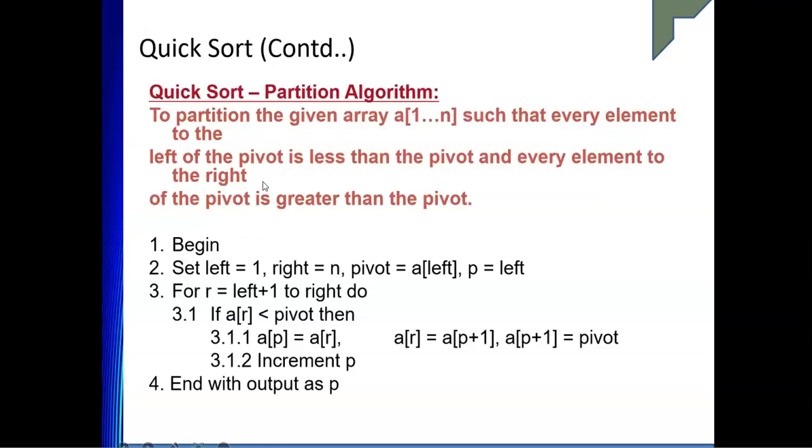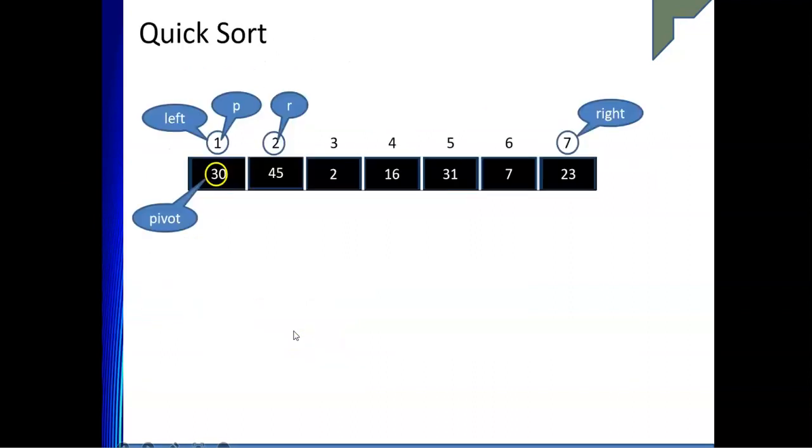If you look at the algorithm, it is now like AR: if it is less than the pivot, then we shift it. So is this AR less than the pivot 30? No, 45 is not less than the pivot, so it stays like that.